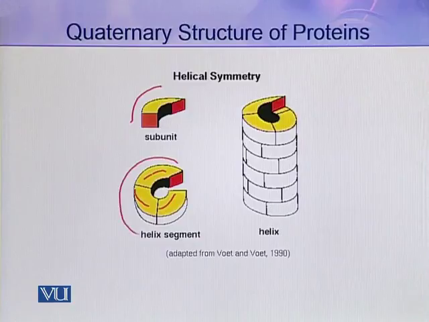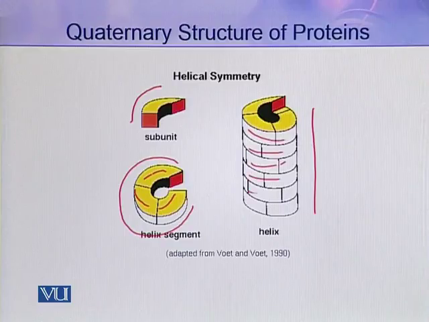This is one helix segment, and in this many such helix segments are arranged. So this helix is exhibiting helical symmetry, and this protein is at its quaternary level of organization. An example of such symmetry is also present in the capsids of different viruses like tobacco mosaic virus.